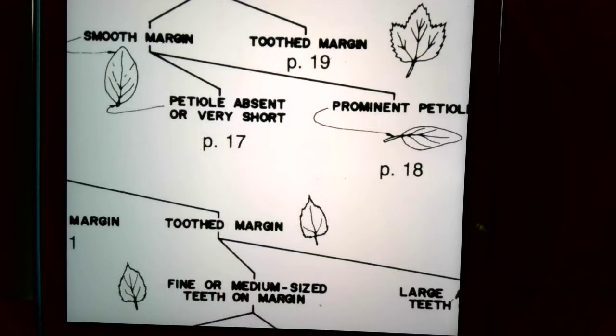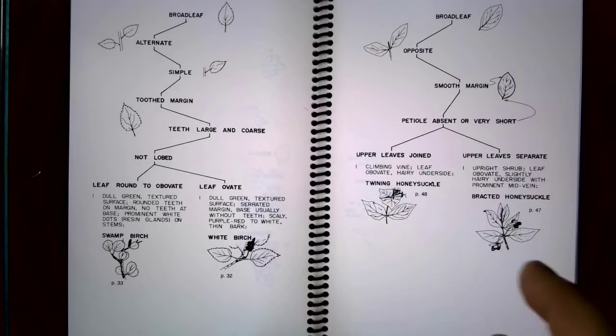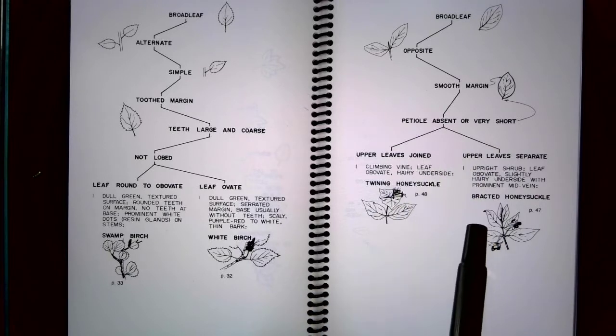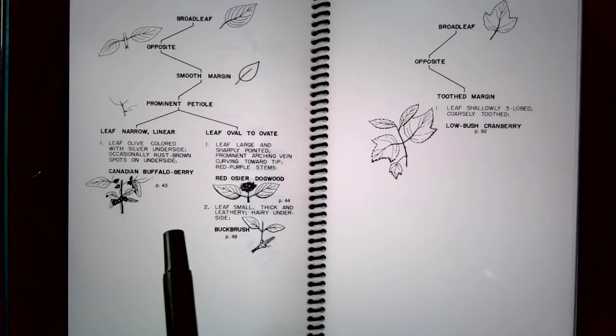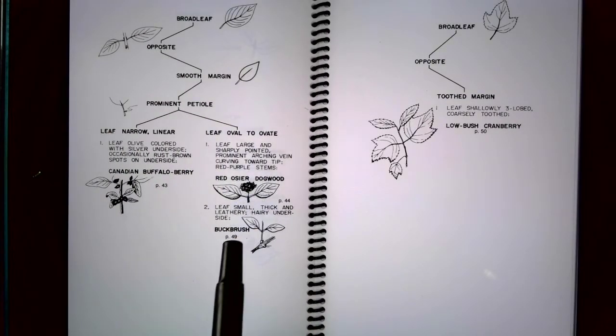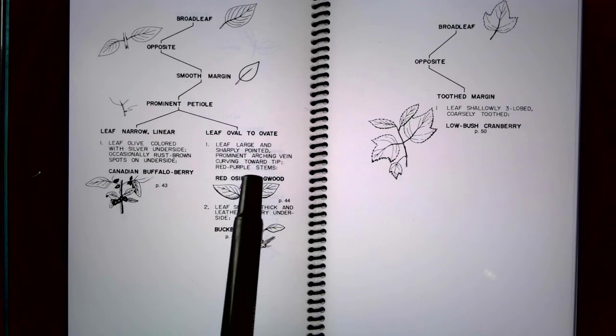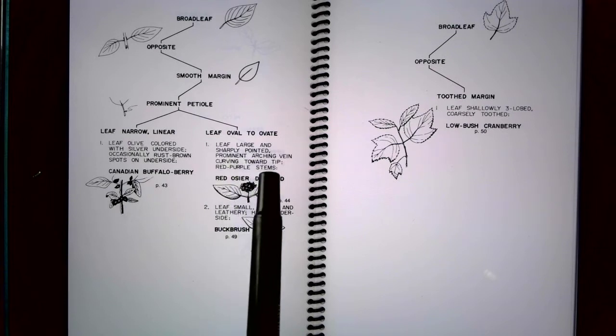In any case, page 17, 18. Let's see what those trees are. Why not? 17. Ooh, it might be a honeysuckle. Or 18. A buffalo cherry or a dogwood tree. I wonder what dogwood trees are.